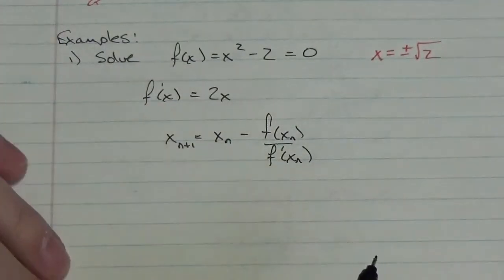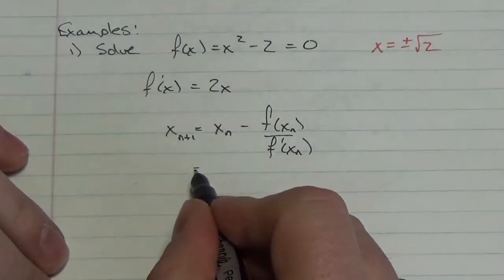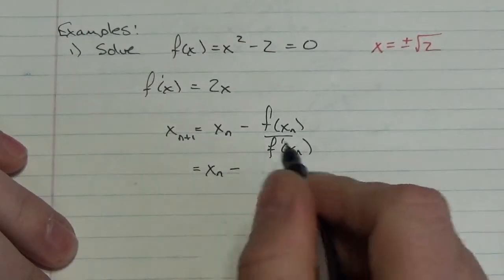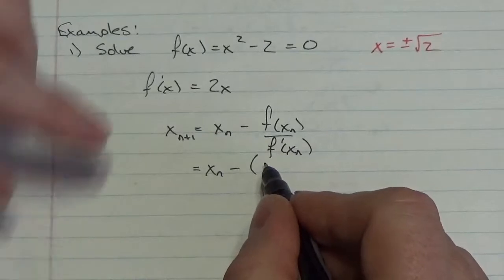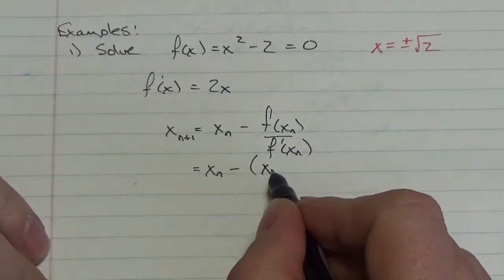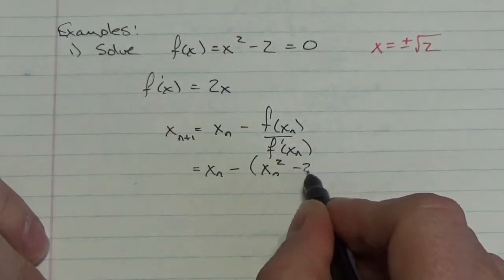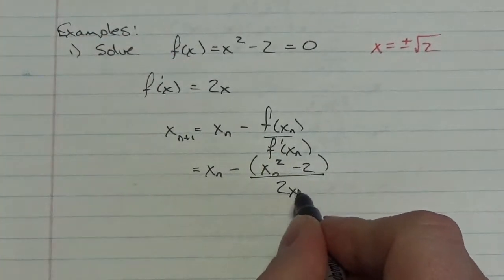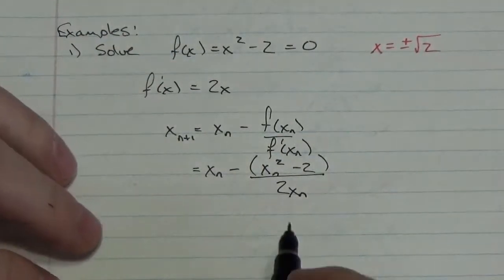So let's plug in our pieces. x_{n+1} is going to equal x_n minus, well, the original function was x squared minus 2, so it's going to be x_n squared minus 2, all over 2x_n, the derivative.